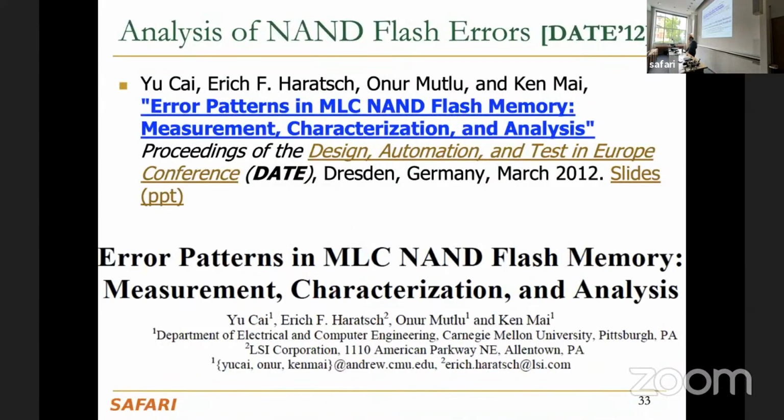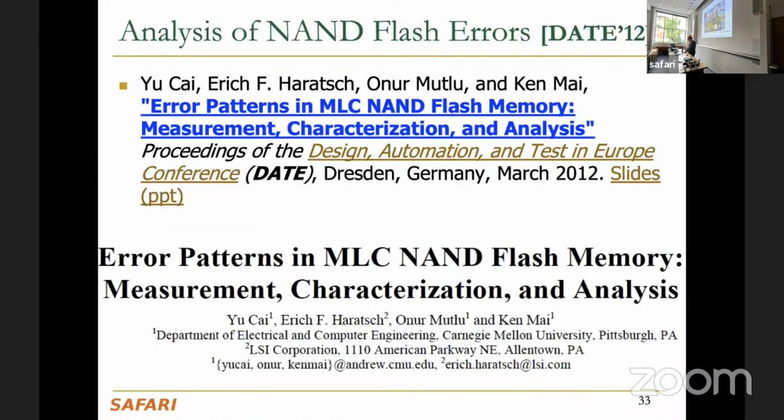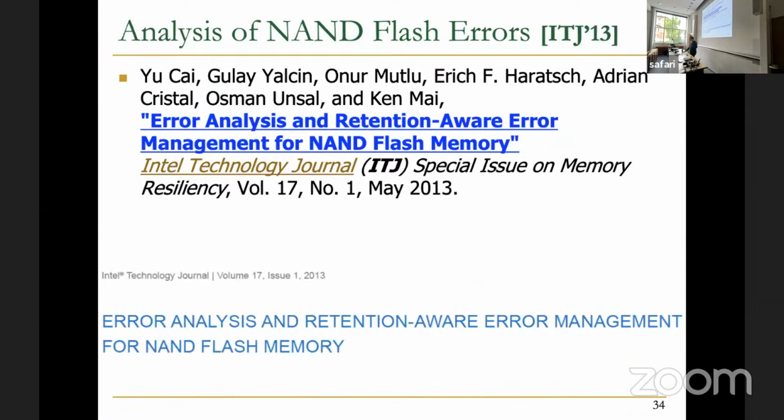So basically, with this infrastructure, we were able to look at what's happening in the errors in the flash chips. And this is very fascinating. We'll talk about that later in the course. And we wrote some papers. As you can see, this is one of the earlier papers that essentially revealed a lot of different error patterns in flash memories that are used at the time. We looked at retention characteristics.